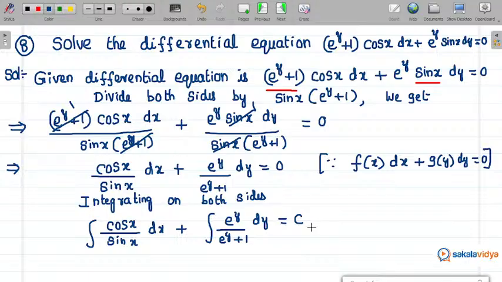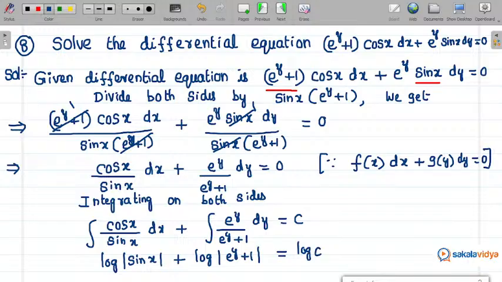See, it's very interesting. If you observe here, in the integral of cos x by sin x dx, cos x is the derivative of sin x, d by dx of sin x is cos x. So, that means it is of the form f'(x) by f(x) dx. Here, the differentiation of e^y + 1 is e^y. So, now we can write log |sin x| plus log |e^y + 1| is equal to a constant. The constant can be written in any form; as all the terms are logarithms, write down log c, it makes no difference.